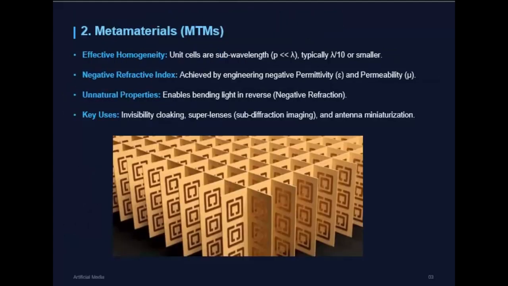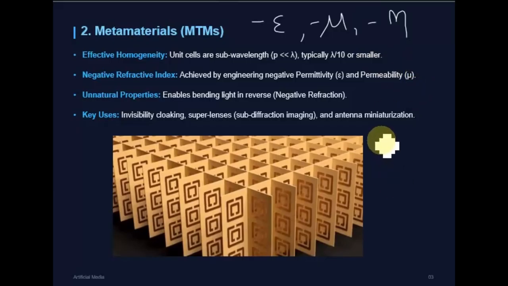Now, next is metamaterials. Metamaterials are a combination of periodic structures, and their property is that they contain negative permittivity and negative permeability, and because of this, a negative refractive index. Negative refractive index represents backward waves.